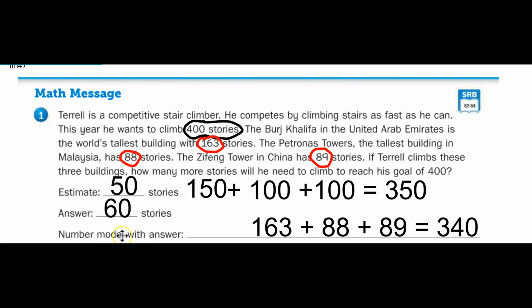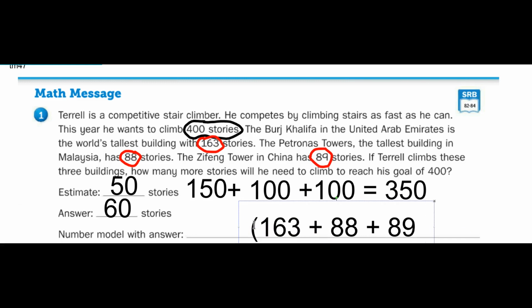Okay, now what number model did I do to solve this question? Well, I had to do the 163 and the 88 and the 89, I had to add those together first. So let me put that in parentheses.